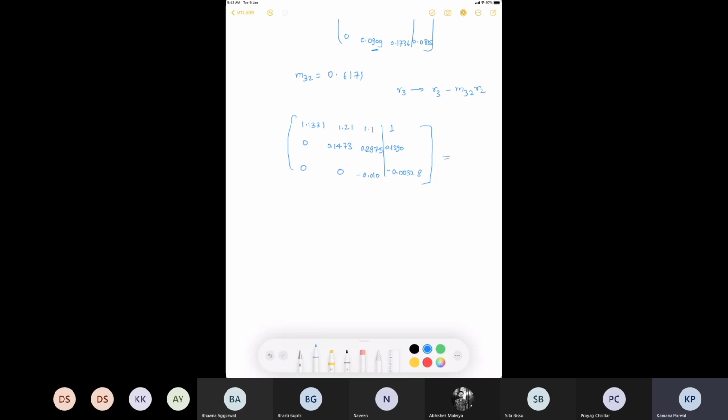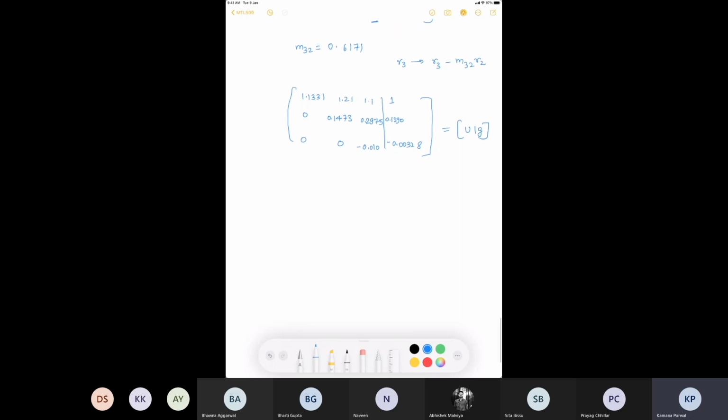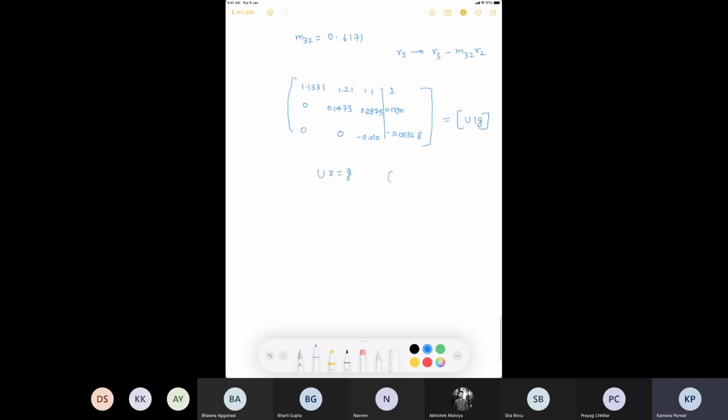Okay, so this is the reduced system which we get. And let's call this coefficient matrix as U and the right hand side vector as G. So we can solve Ux is equal to G by back substitution.